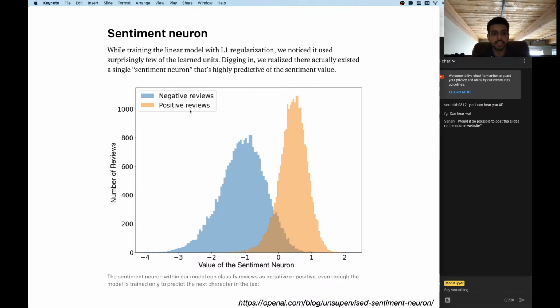If you pass in negative reviews and positive reviews and plot the value of this single neuron, out of probably millions or tens of millions of neurons, it seemed to be able to detect whether the review was negative or positive and do it correctly. And this is, as you can see in the caption, a character-level RNN. So it's pretty interesting that this particular neuron seems to have learned a more semantic, global phenomenon about the text that is certainly not expressed at the character level.